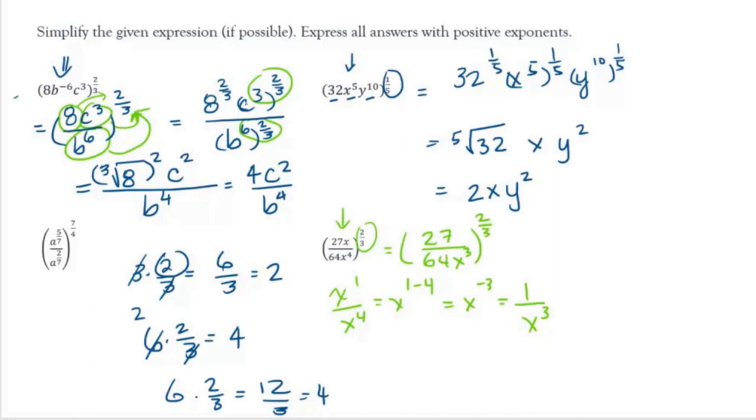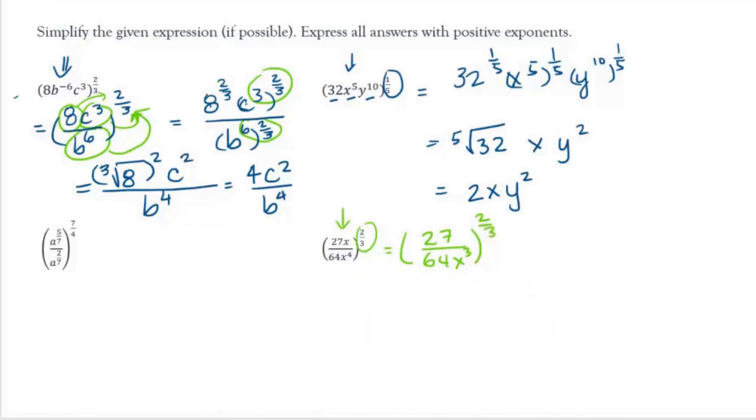And all of that is still raised to the power of 2/3. All right, every single thing inside the exponents, the 27, the 64, and the x cubed must be raised to the 2/3. So we have 27 to the 2/3, all over 64 to the 2/3, and x cubed to the 2/3. We've done this before. If I've got a number, I am going to try to evaluate it.